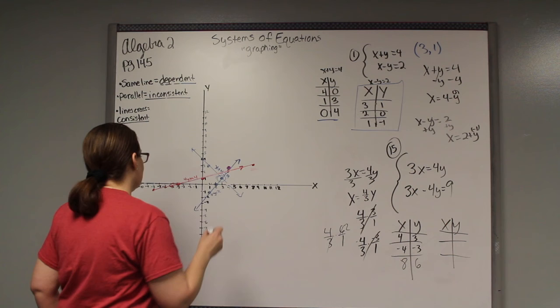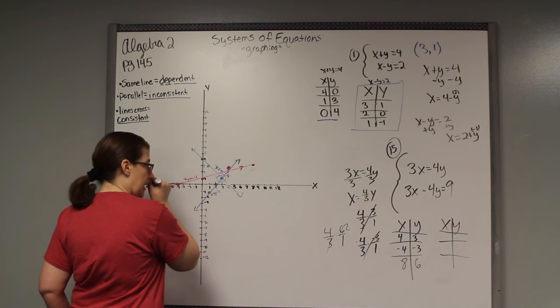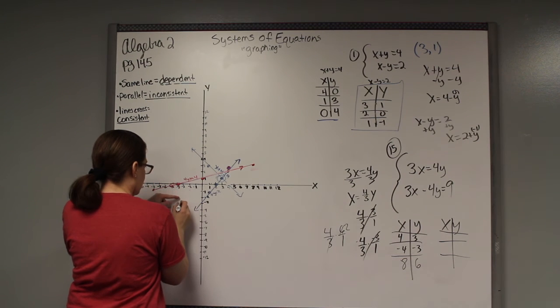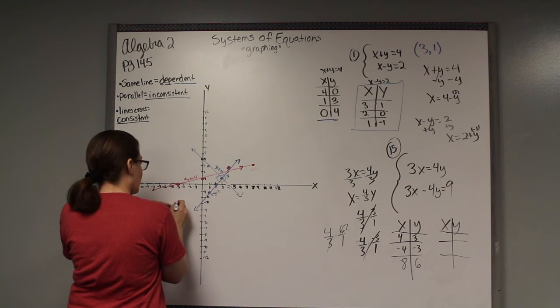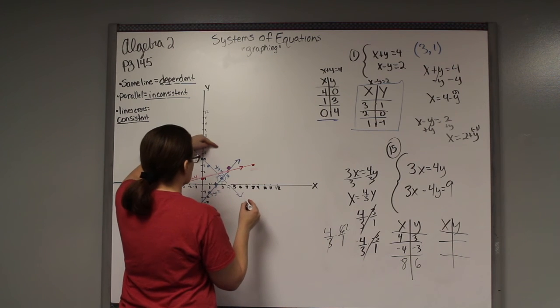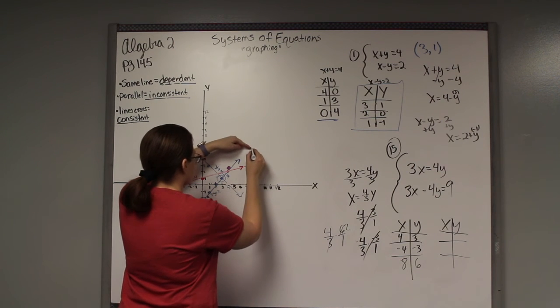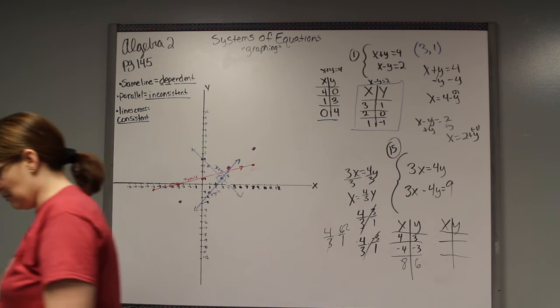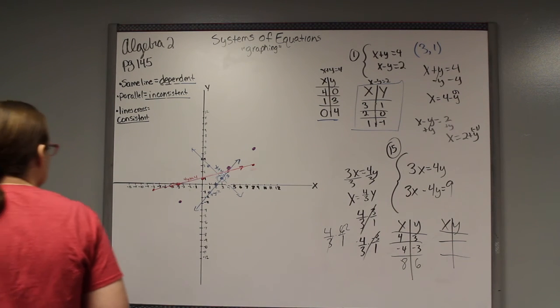Then I have -4, -3, somewhere around here. And then I have 8 and 6. So 6 is right here, and 8 is right here, so somewhere right there. Again, be more precise with yours.